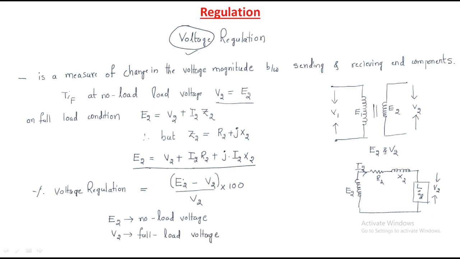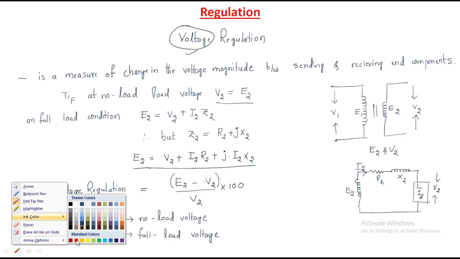Simply, E2 and V2 are related. Look here, E2 minus V2 is I2 R2 plus j I2 X2, the voltage drop across the resistance and reactance. So it is the ratio of the voltage drop to the full load voltage. Sometimes the formula may be (E2 minus V2) by E2 also. This is the equation of voltage regulation.